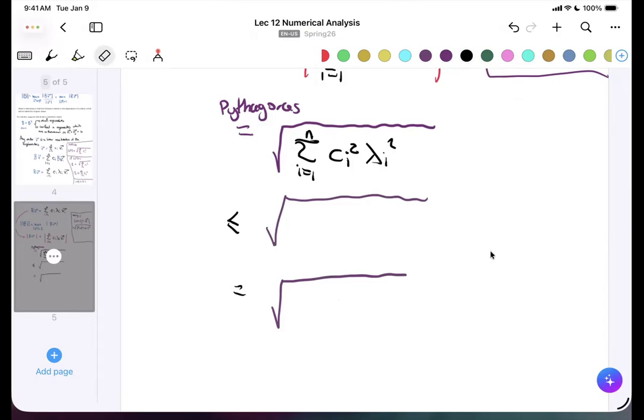Each eigenvalue, right? Let's start with the lambdas. Actually, that's better. The matrix will have a finite number of eigenvalues. If it's a square 3 by 3 matrix, it can have up to 3 eigenvalues. If it's a 10 by 10 matrix, it can have up to 10 eigenvalues. So there will be an eigenvalue that's the largest of all of these. So I'll call that lambda max.